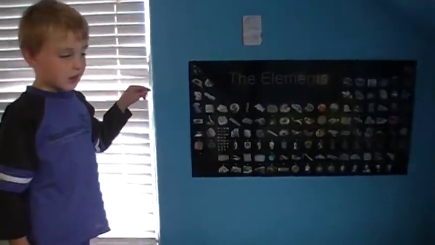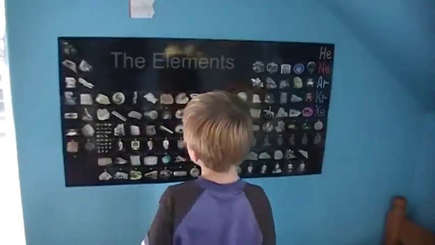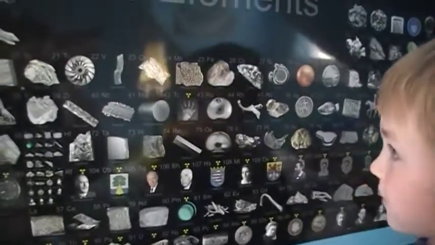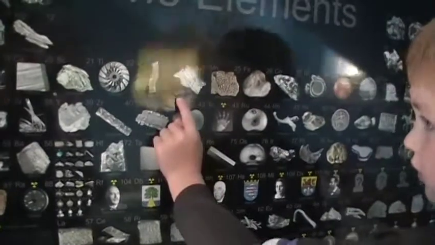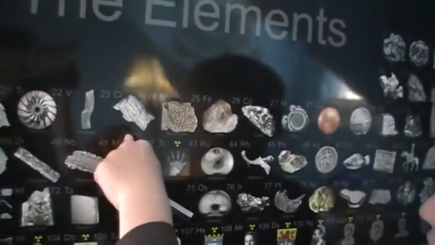Chromium, or chrome. What is it? Point to it. Number 24. That one. That is chromium.